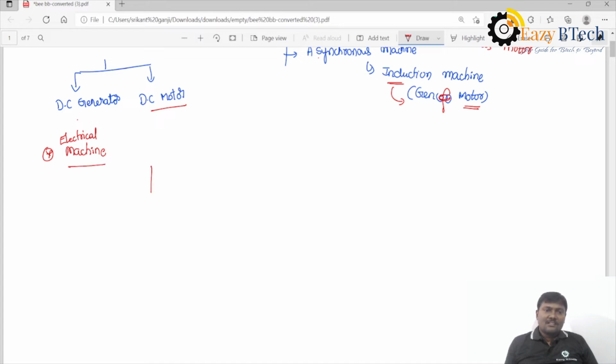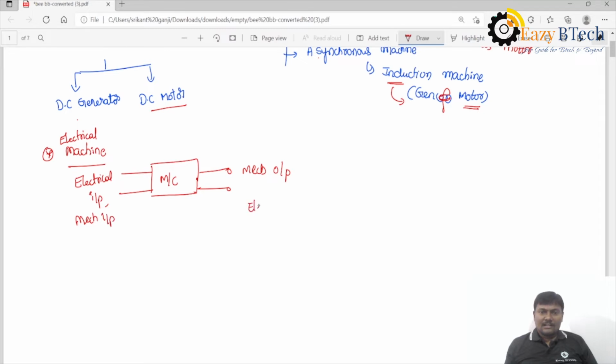A machine which converts electrical input to mechanical output, or mechanical input to electrical output.